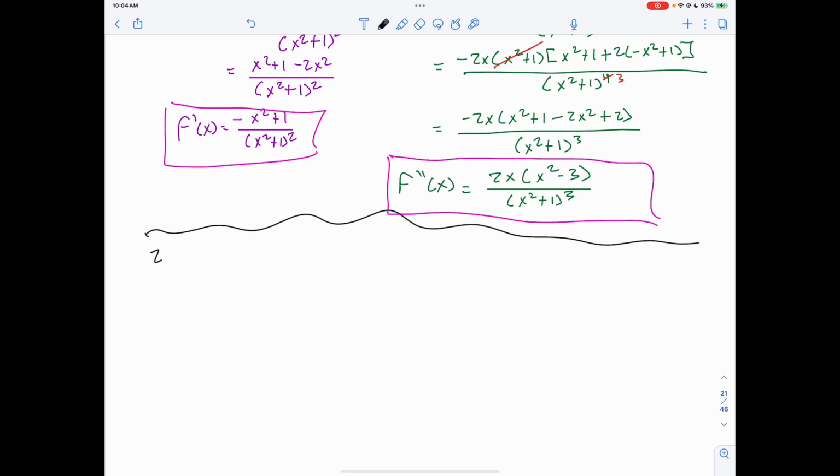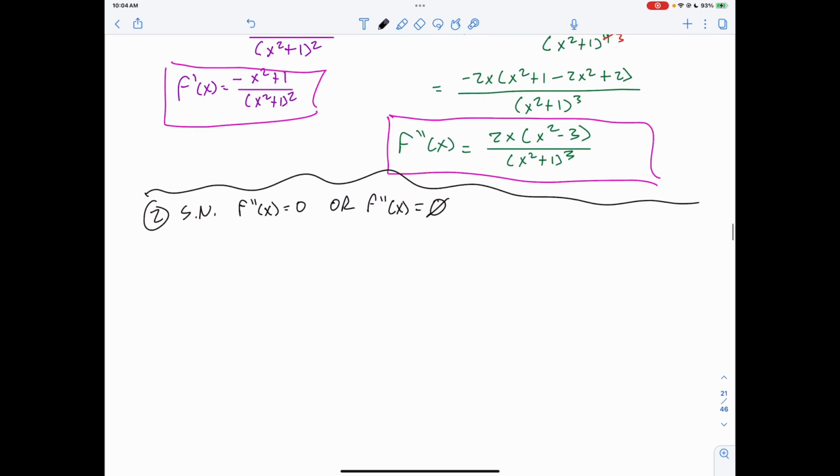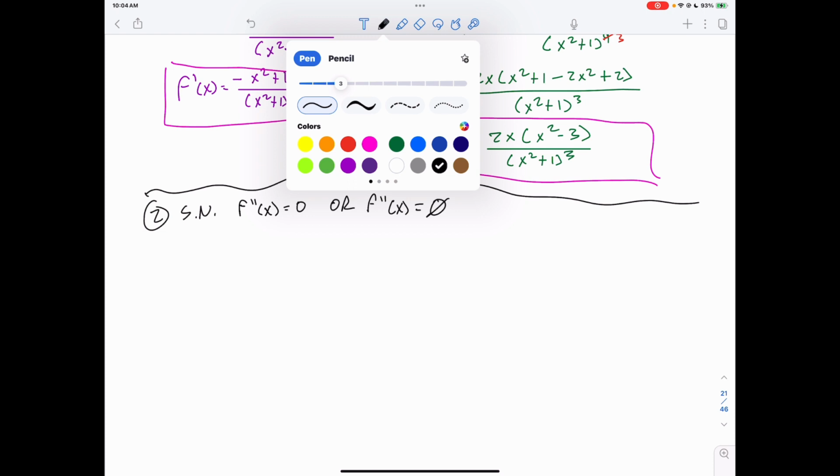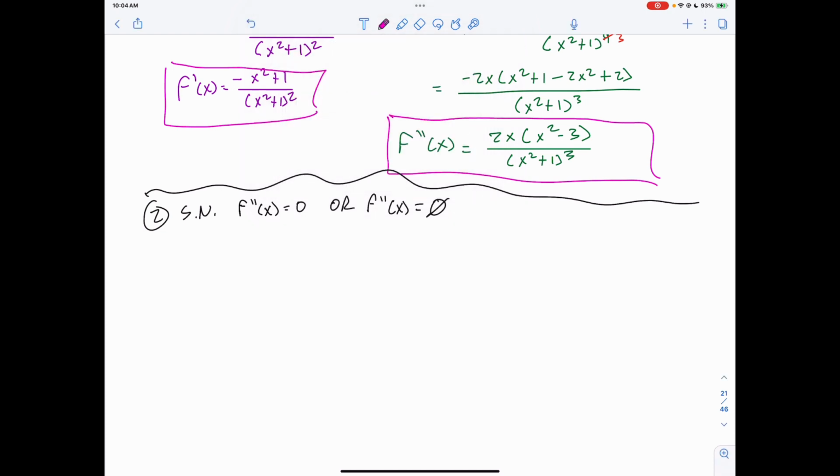Let's carry it forward to do our significant numbers, when f double prime of x is equal to 0, or f double prime of x is undefined. So when it is equal to 0 from the numerator, I'm going to get 2x and x squared minus 3 is equal to 0, which means that x would equal 0, or x squared minus 3 would equal 0, where x squared would equal 3, and x would equal positive or negative root 3.